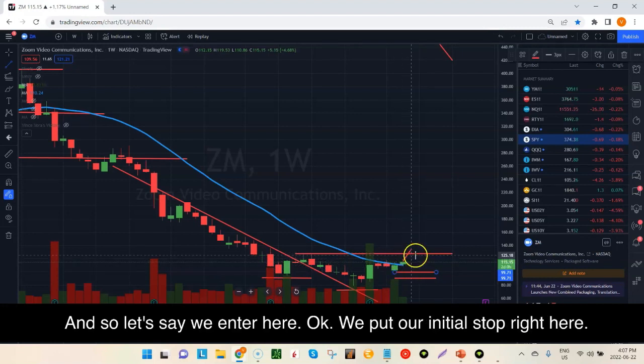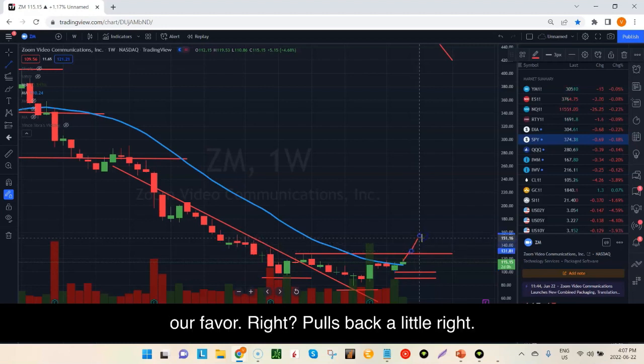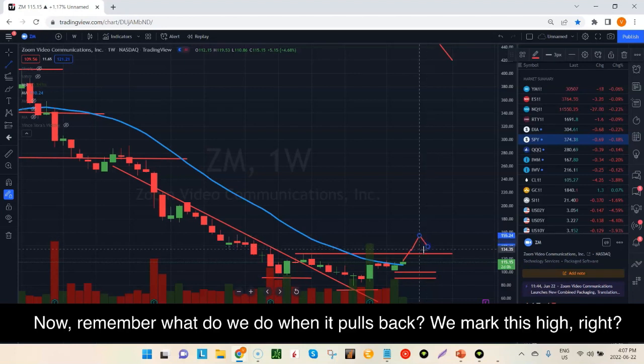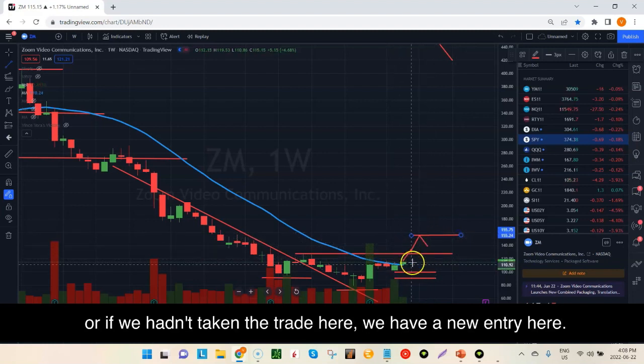If it's within our risk parameter, we take that trade, but we set that up. And so let's say we enter here, okay? We put our initial stop right here. Now, the trade starts to move, starts to go in our favor, right? Pulls back a little, right? Now, remember, what do we do when it pulls back? We mark this high, right? Because if it comes back and takes out this high, we're going to add to our position. Or if we hadn't taken the trade here, we have a new entry here.